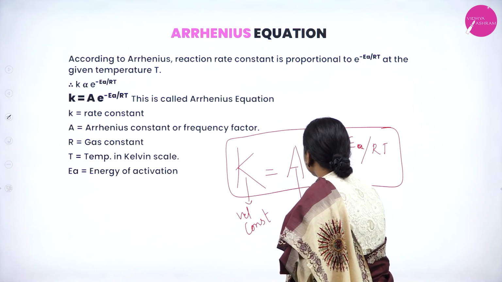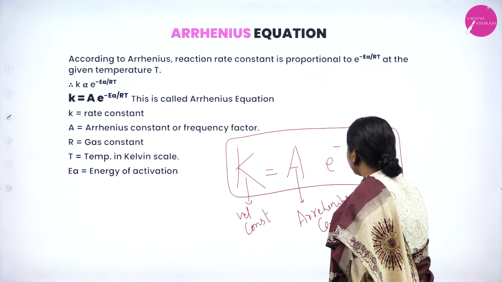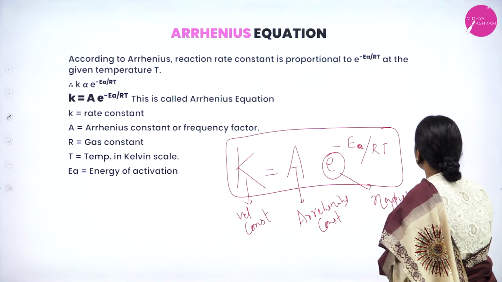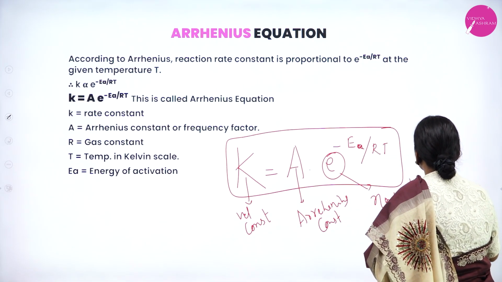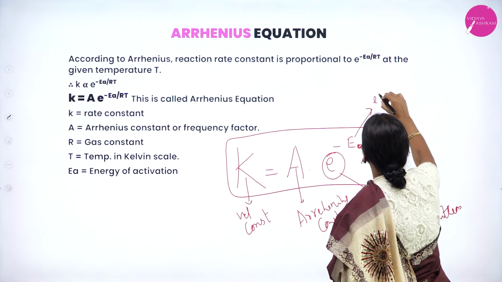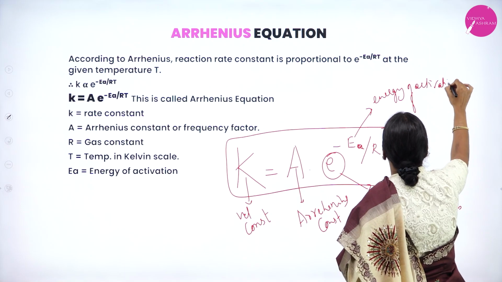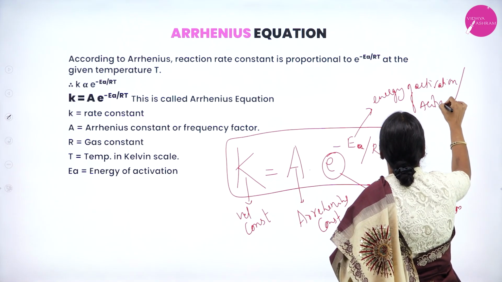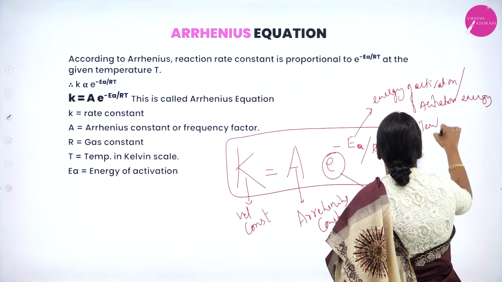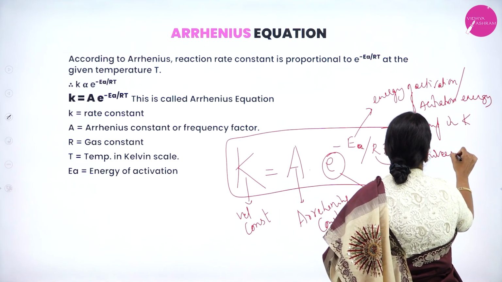A is called Arrhenius constant. e is called Napier's base of logarithm. Ea is called energy of activation or activation energy. T is temperature in Kelvin. R is universal gas constant.